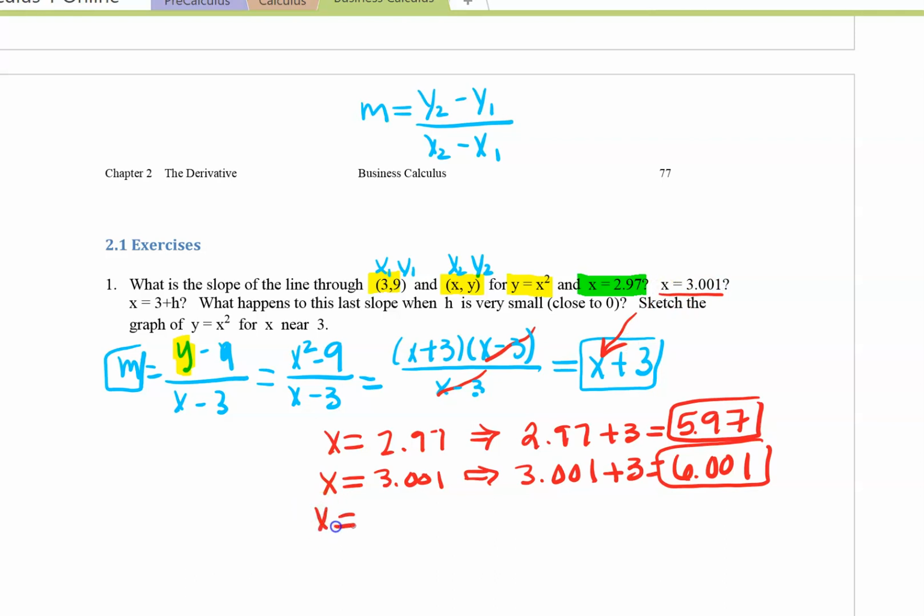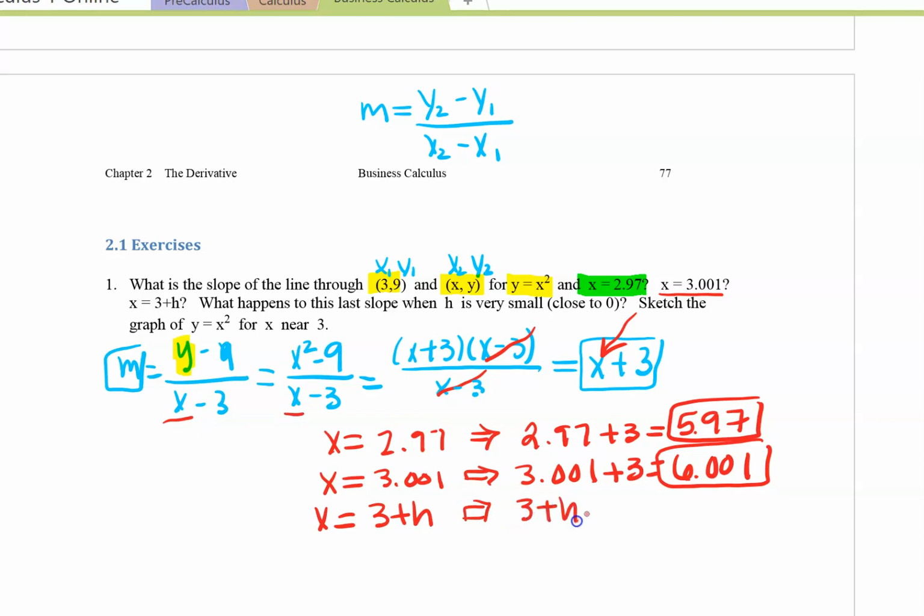So then they make it a little bit more generic and said, what if you were at 3 plus h? So basically we are looking at the point of 3, but we're just going slightly to the h of it. Now we didn't want to look at just 3 because you can see here, looking at just 3 causes division by 0, and we're going to look at that more in depth.